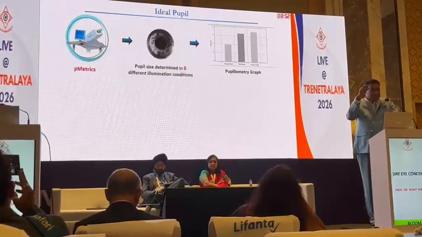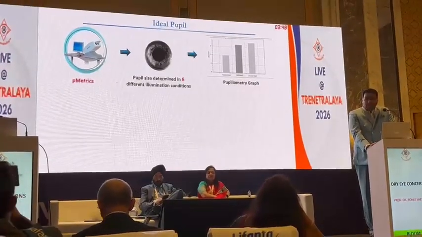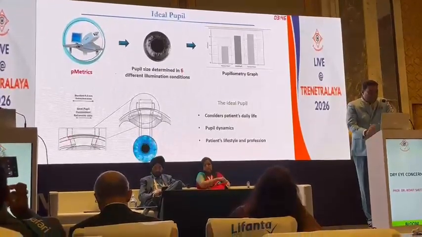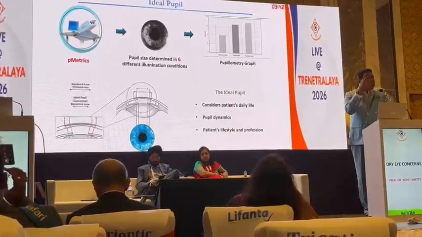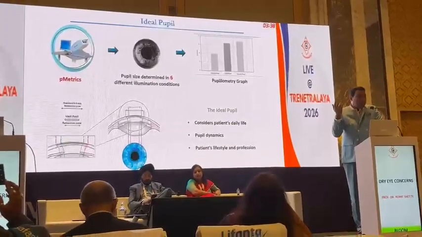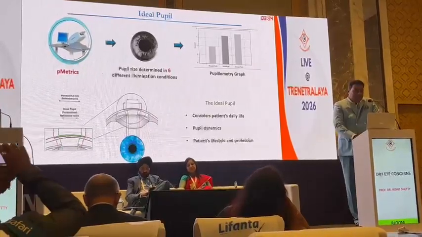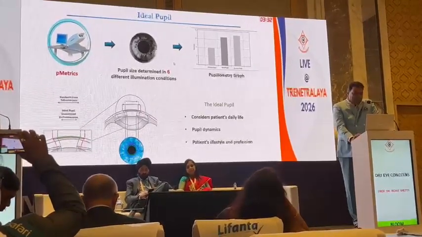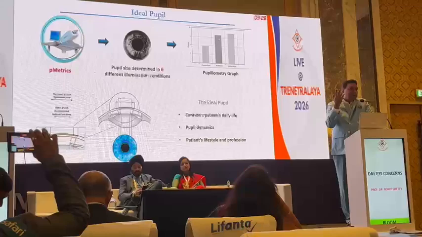It's not just that you take a pupil factor from a Pentacam and do it. You are taking it from a P matrix, which measures at 6 different lighting conditions what you see in your daily life. For example, you are in a restaurant, or on a plane, or sitting in a car, or in a bright light like this. What is your pupil? Then it gives you a mean pupillometry, which takes around 3 to 4 minutes.